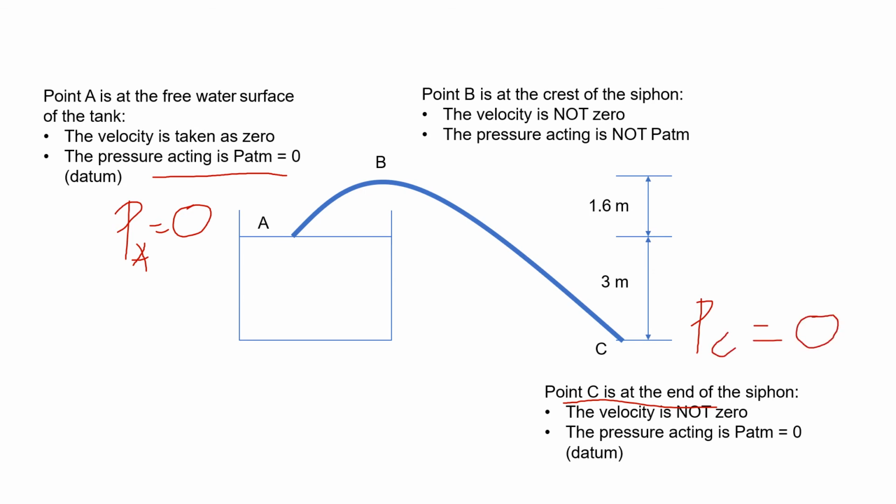Okay, point B is at the crest of the siphon, meaning the velocity is not 0, and the pressure acting is not atmospheric pressure. So at B, pressure is not 0. Besides the pressure, we need to know about the velocity. In the tank, the velocity is 0 because it is stagnant. Okay, the fluid flows only in the pipe. So we have the velocity for point B, and point C also has velocity.